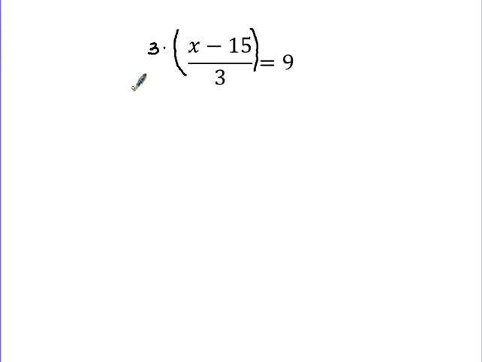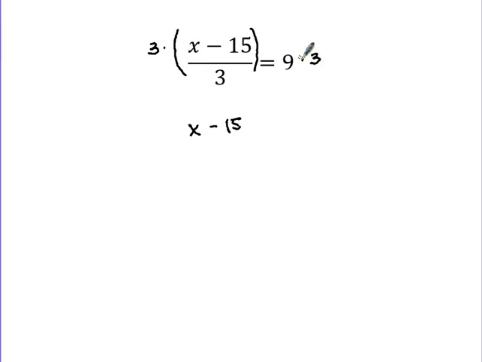And the whole point of doing that is to get rid of this 3. 3 over 3, or 1 over 1, just sort of cancels each other out, and I'm left with x minus 15. Now, remember, the number 1 rule in algebra, if you multiply one side of the equation by 3, you must also multiply everything on the other side by 3.